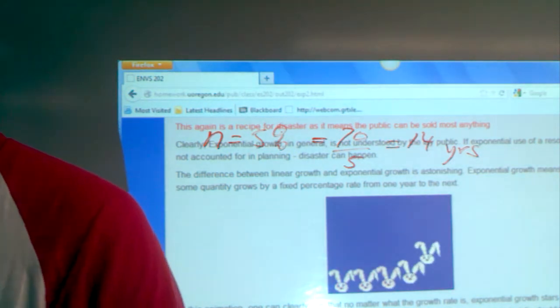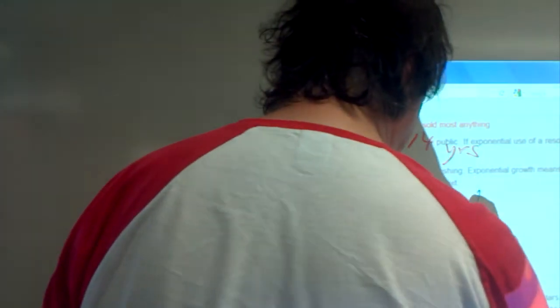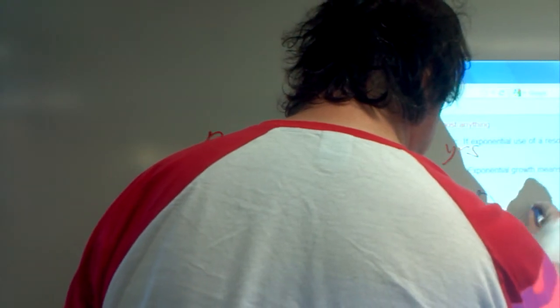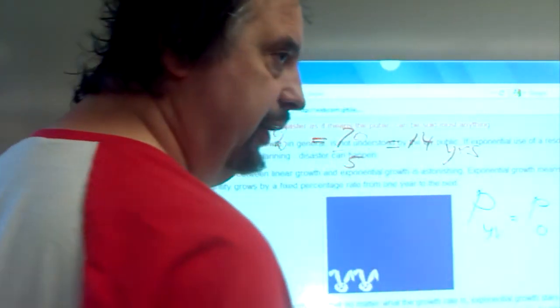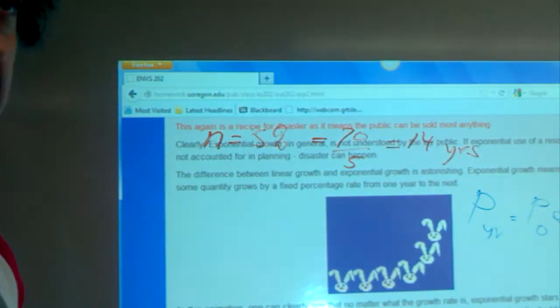Yes, you can in principle solve any exponential directly, where p in some year equals p naught at the start of the year times e to the rt, where r is a rate, in this case 5% or 0.05, and t would be the number of years that you're projecting in the future.